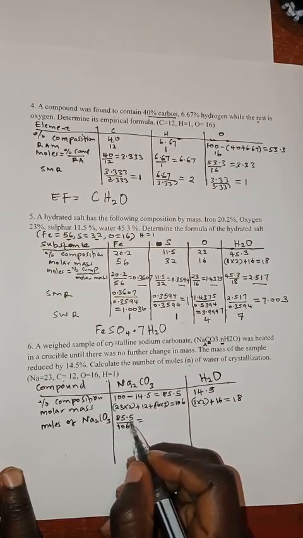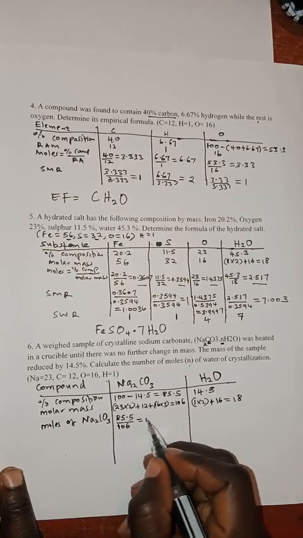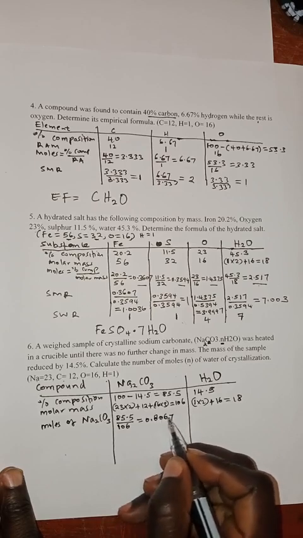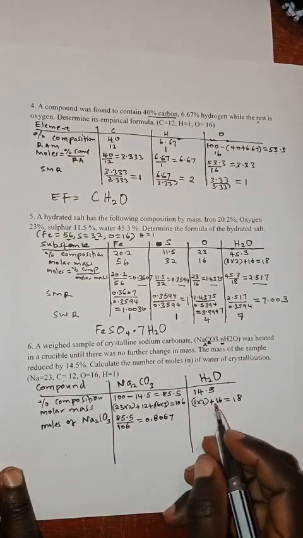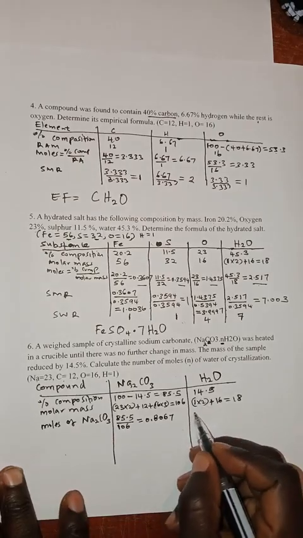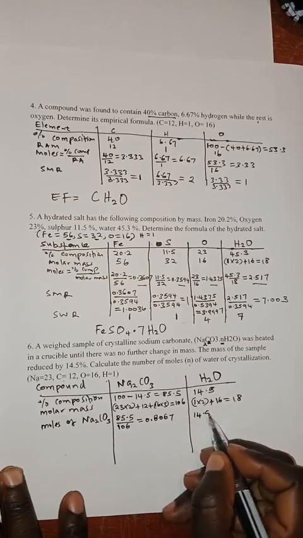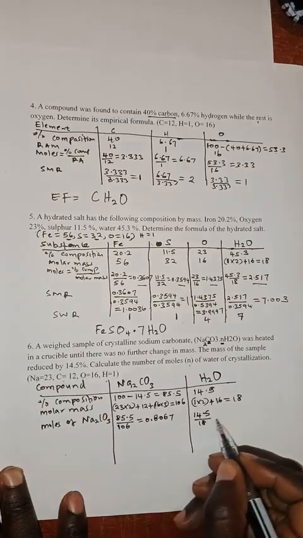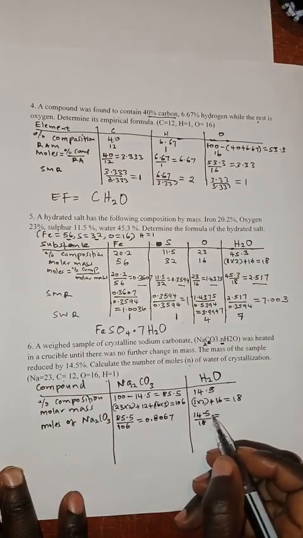When you do that calculation, you get 0.807. Then moles of water equals the percentage composition of water, 14.5, divided by the molar mass of water, which is 18.